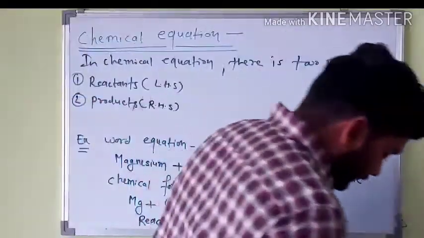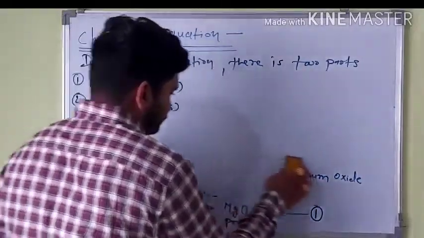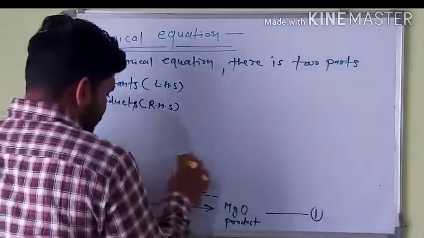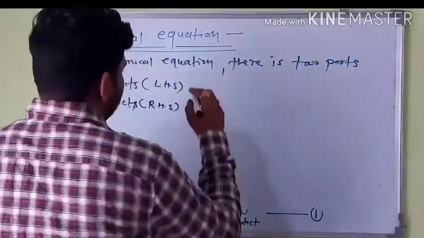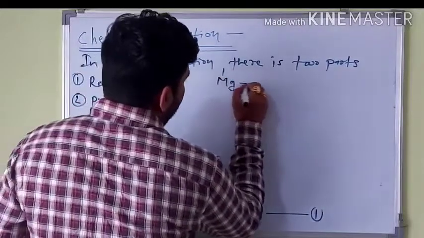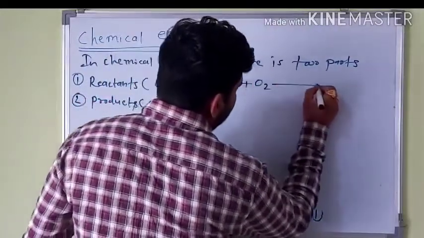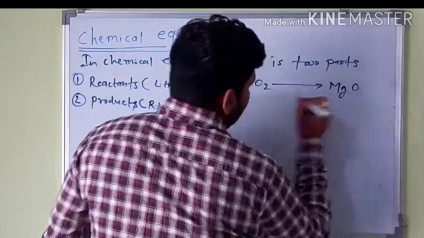So what are reactants and what are products? First we write this equation on this side: magnesium plus oxygen gives us magnesium oxide.